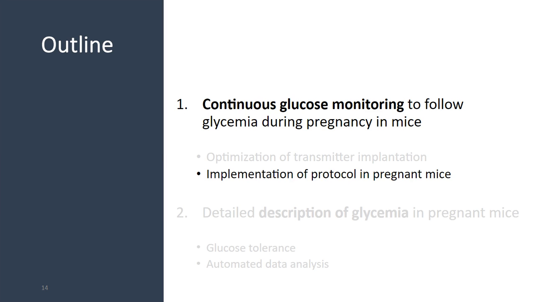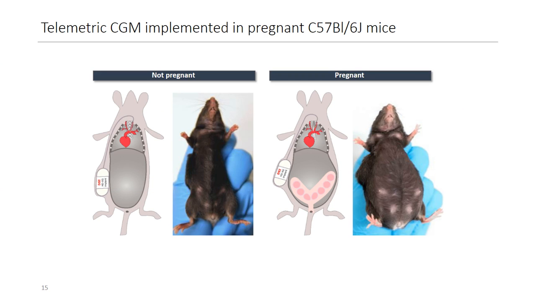So then I will tell you a bit more about the protocol that we used to monitor the pregnancy in mice. In this picture, you can see on the left side a non-pregnant mouse, where on the right side of the animal you can see the transmitter body, and on the right a pregnant mouse, where again on the right side of the mouse you can observe the transmitter body.